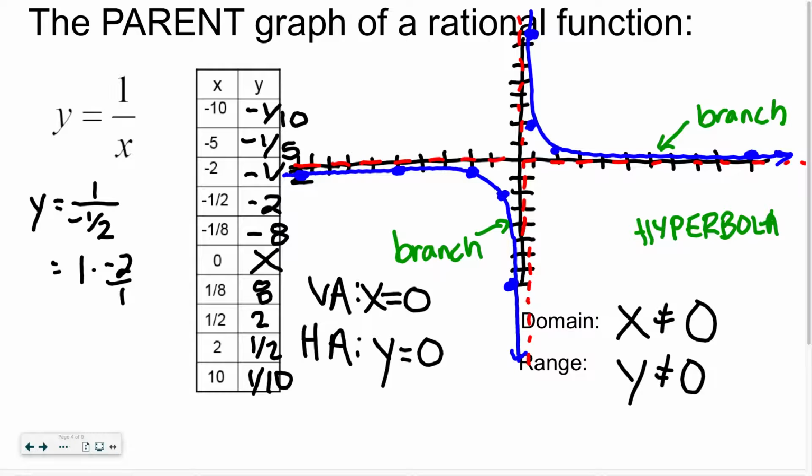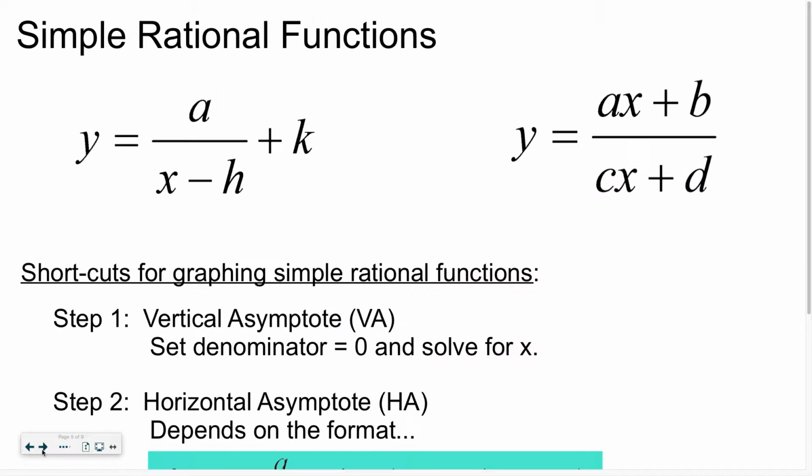You can have rational functions that have things called holes in them, where there's literally just a point that is open in the graph. So there's a lot more weird things that can happen, but we're going to stick with the simple ones. So ours will have a vertical asymptote and a horizontal asymptote. Okay, so here's what you need to know going forward for you to be able to graph all rational functions. There are 2 forms you're going to see.